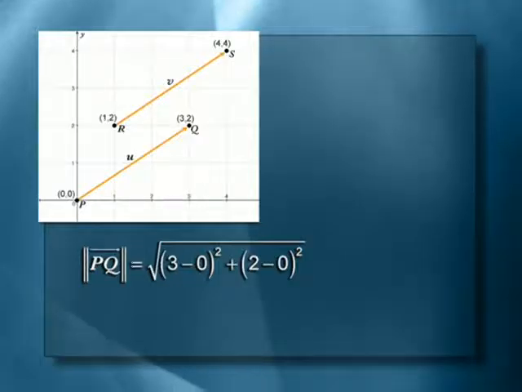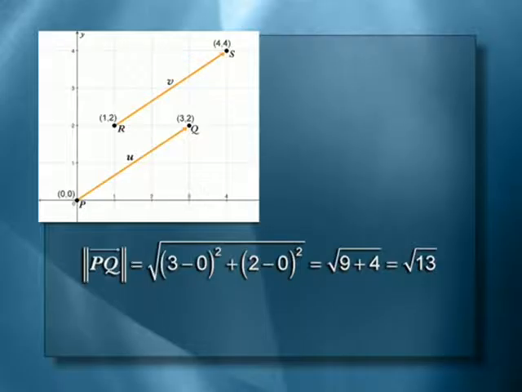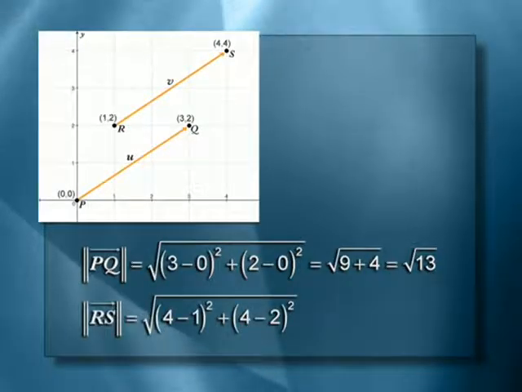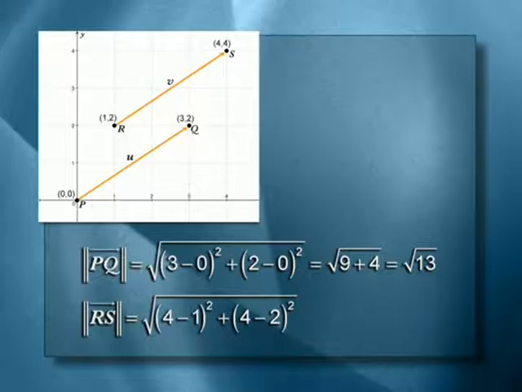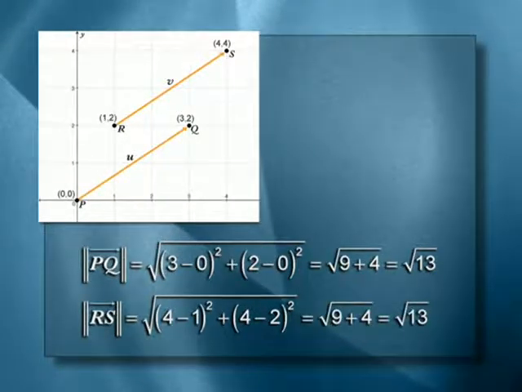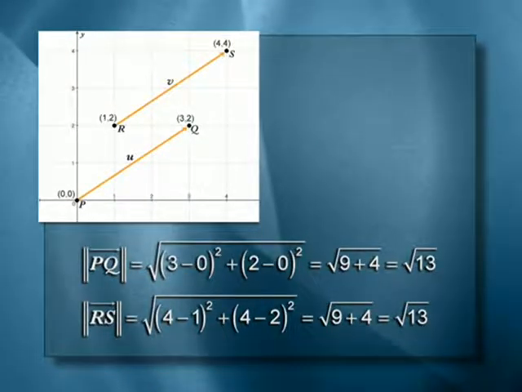That's the Pythagorean theorem. And you get 9 plus 4, or the square root of 13. For RS, you would get, similarly, the square root of 4 minus 1 squared plus 4 minus 2 squared, all square rooted. And that also gives the square root of 13. Okay, so they have the same length.